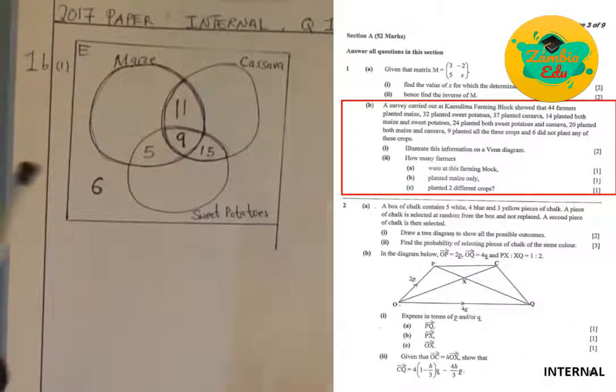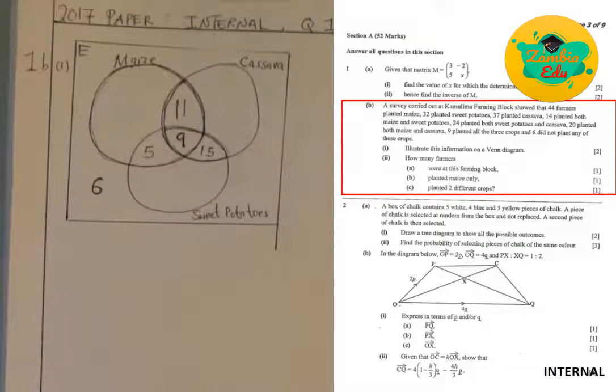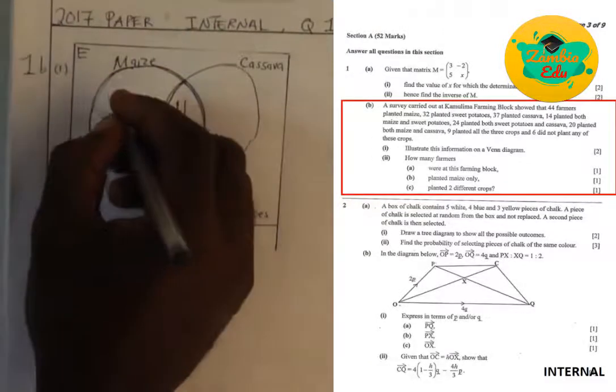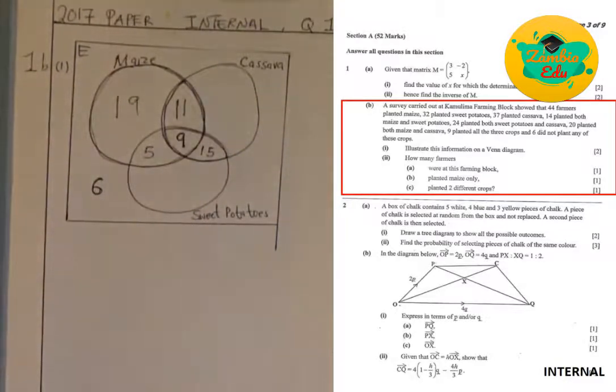So we add everything and subtract from 44. 11 plus 9 plus 5 gives us 25. So 44 take away 25 and we get 19. So 19 is what we put there.